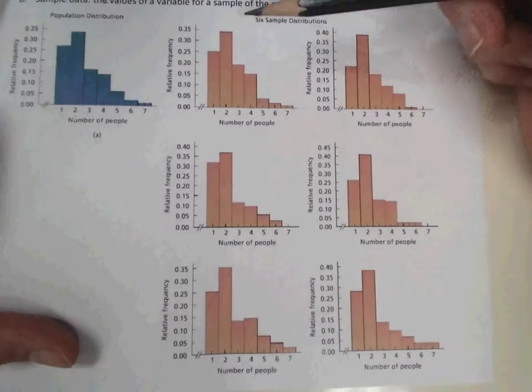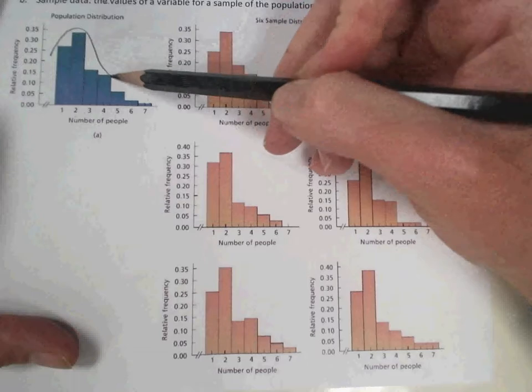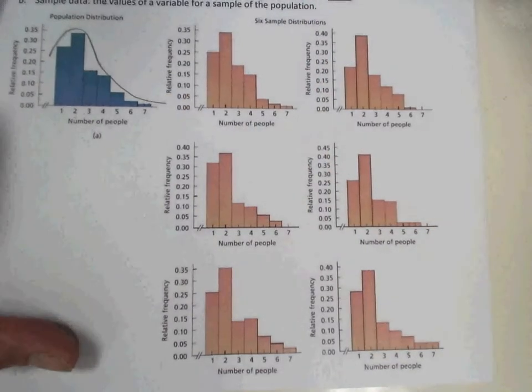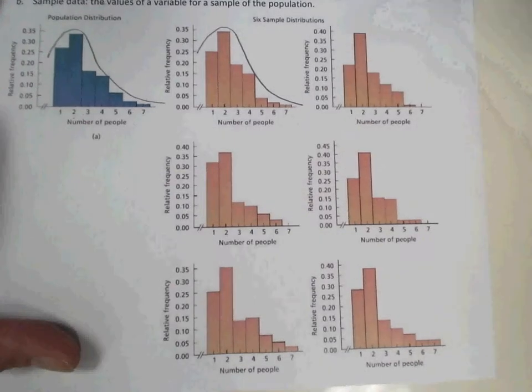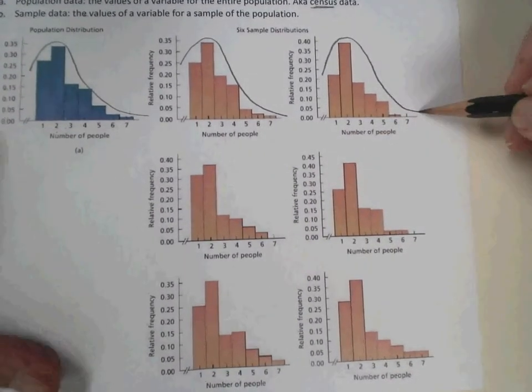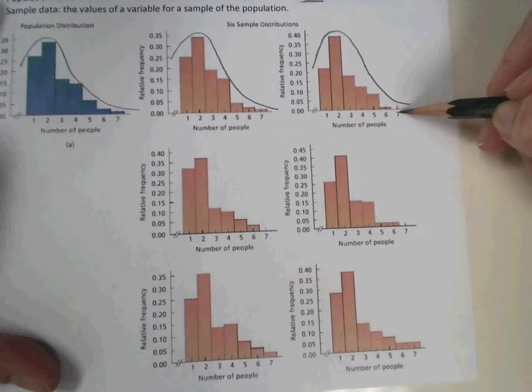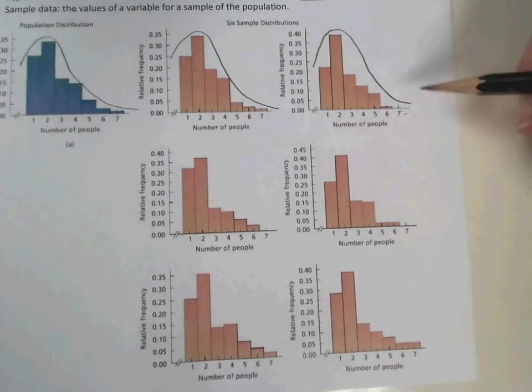If you look at a quick glance, you notice that the shapes are very similar. They would all be considered right skewed if we drew that curve over each one. But you can tell very quickly here that there are no households in this sample that had 7 members.